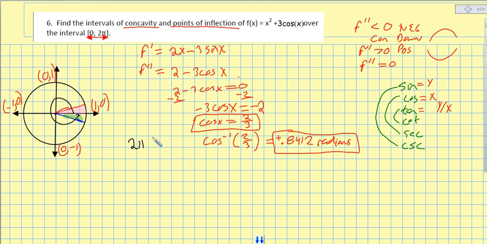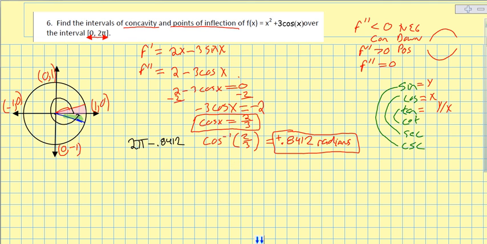But the angle that I need is all the way around, but then I have to back off, or subtract, the width highlighted in green. Well, that's just subtracting 0.8412. So that should be our second value when the derivative is equal to 0.